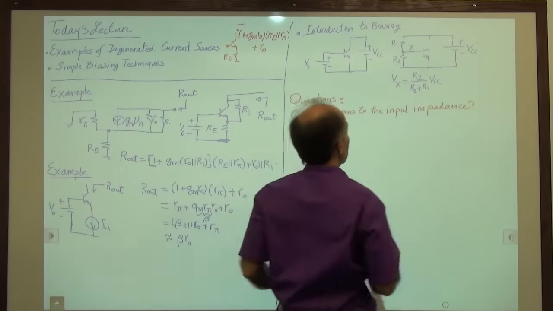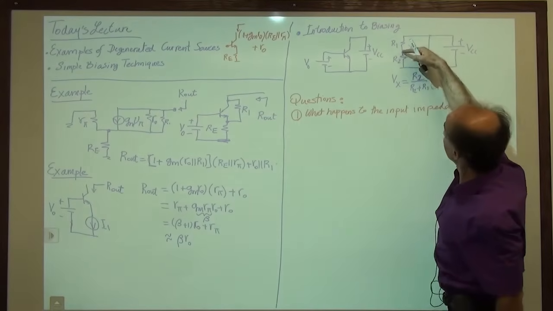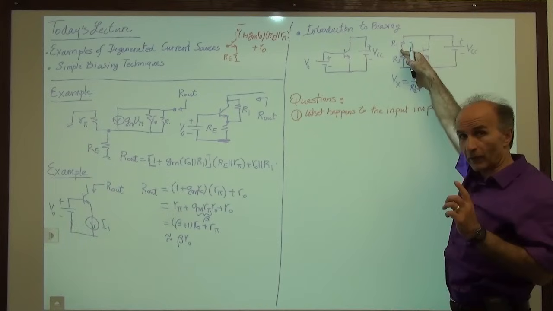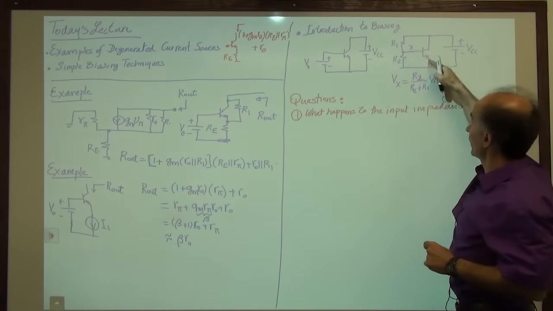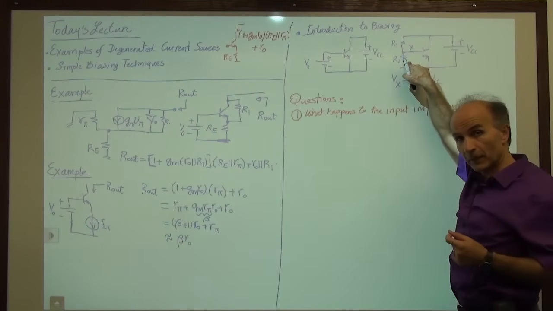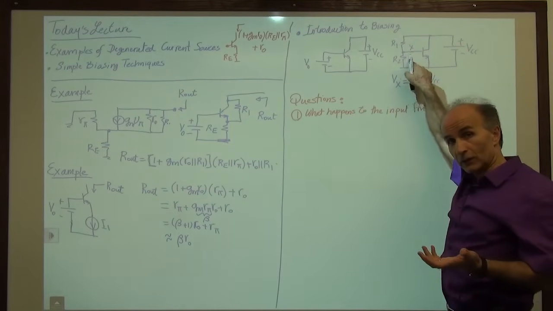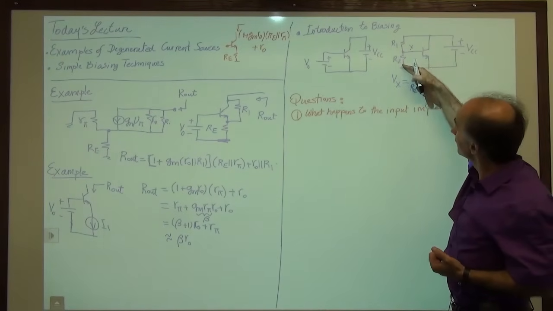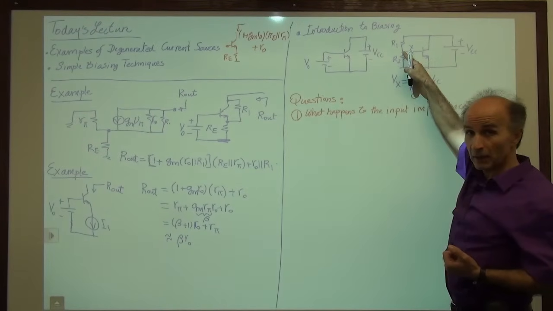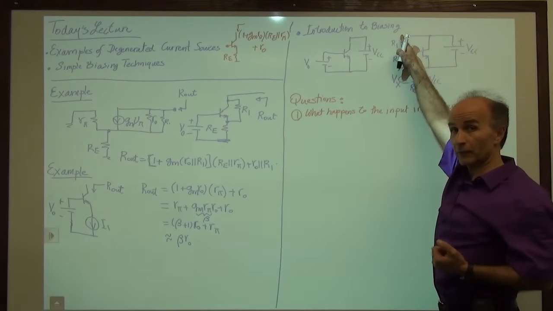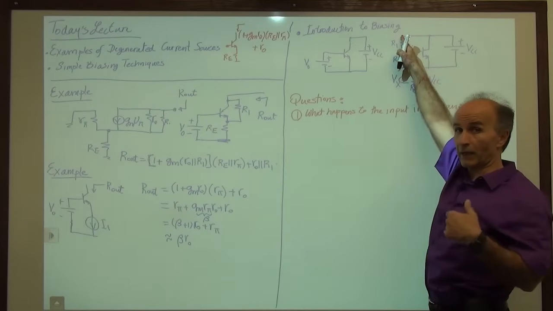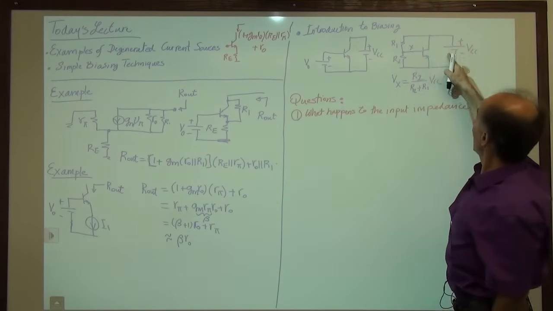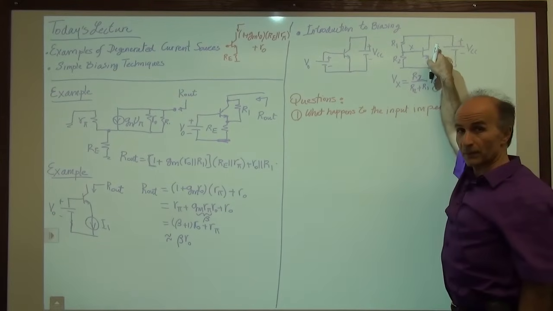Well, if I sit at this node, I remember that from this node to AC ground, I have R pi. That is R pi of this device. Are there any other resistors that go from here to AC ground? We have R2. How about R1? R1 also goes to AC ground because we know that in our AC model, we will set to 0 all constant values.